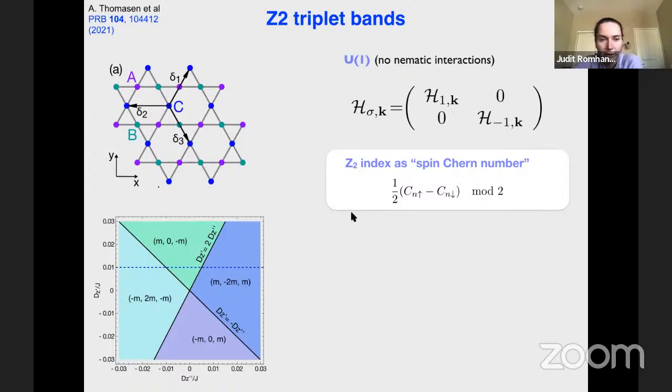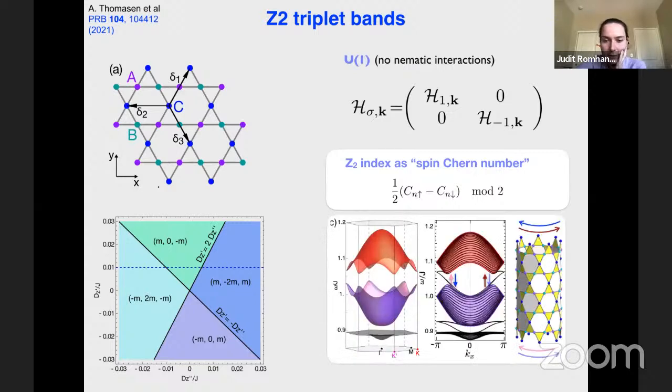But let's go back to the case when the magnetic field is 0. Then, instead of the Chern number, what we can define is the Z2 index, which, in this case, when we just have this U(1) symmetric Hamiltonian, is just going to be the spin Chern number, which is just this staggered combination of the Chern number for the up and the down triplet.